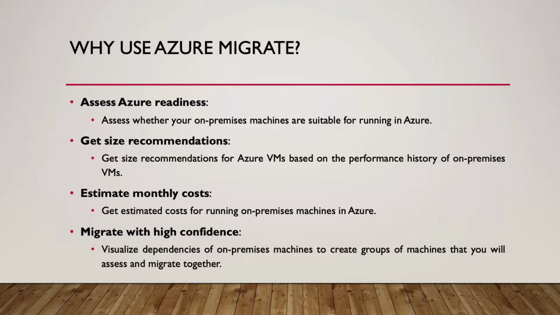And finally, it gives you migration with high confidence. Visualize dependencies of on-premises machines to create groups of machines that you will assess and migrate together. So note that the possibility of migration at once is available here.